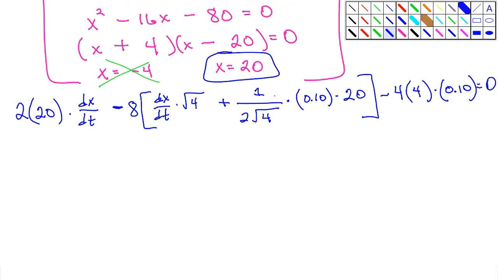So that gives us 40 dx/dt minus 8 times 2 dx/dt. Now, notice this right here. 20 times 0.10 is just 2. So that 2 cancels with that 2.